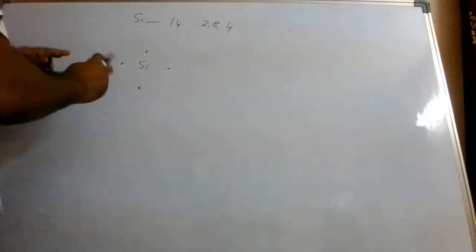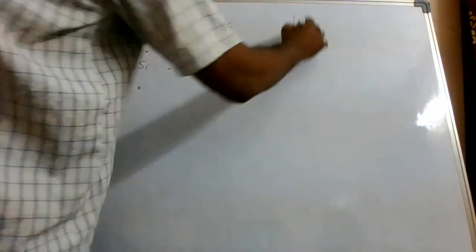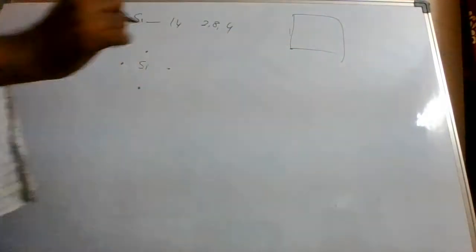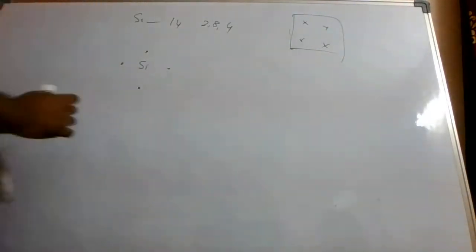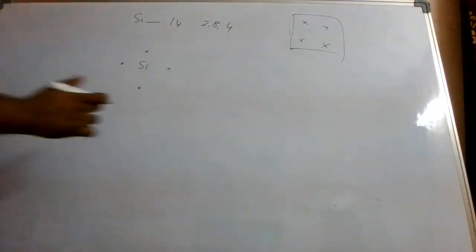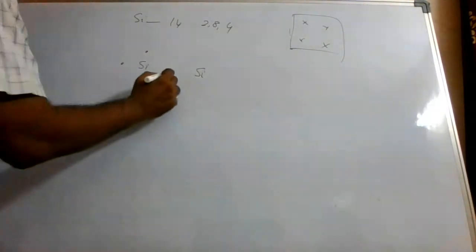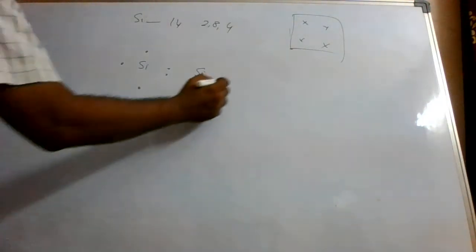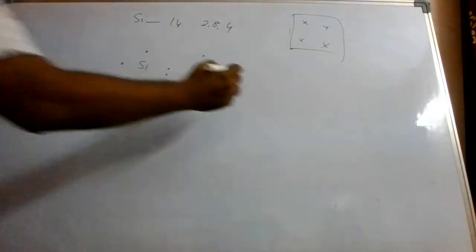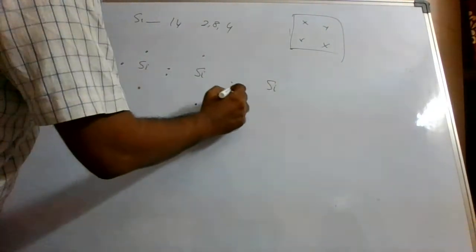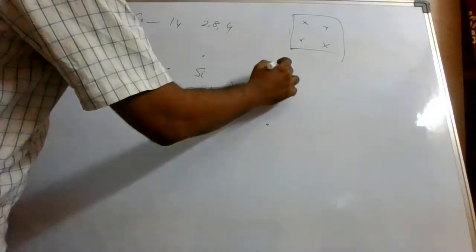If I draw a sample, a sample will not have a single atom. It will have multiple atoms, isn't it? We are just drawing the exaggerated diagram. I will put another silicon here, so it is forming a covalent bond. You put another silicon atom here. So one here, one here, one here, and one here.